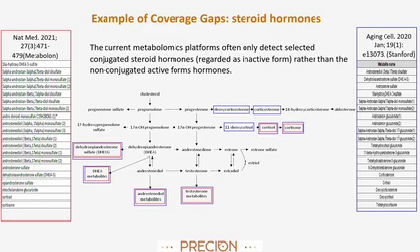It is all biased towards more abundant steroids. Some of the clinically important species are not really detected, because they are in such low abundance and the metabolomics platforms are not really sensitive to those metabolites.